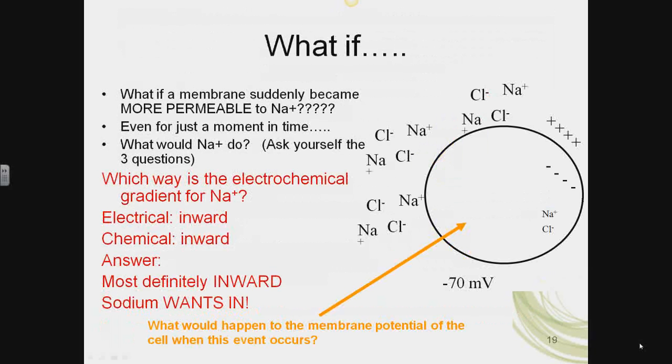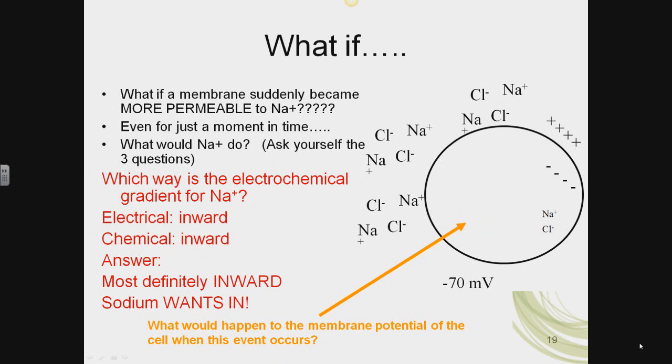Now, what if suddenly the cell membrane became more permeable to some substance? Look, in this picture I'm showing you a circle. It represents a cell. And I want to remind you that the outside of the cell has more sodium than the inside. Let's start with sodium. Let's say suddenly permeability to sodium increased. Ask yourself, which way would sodium want to diffuse?